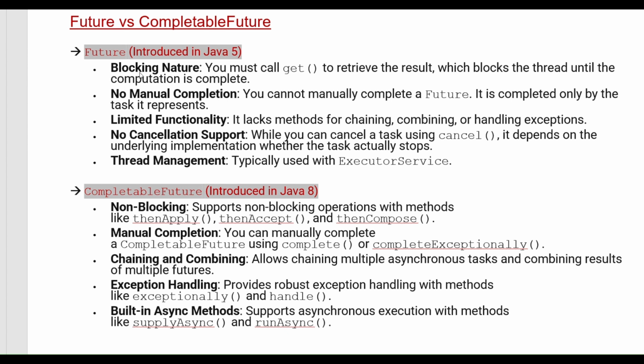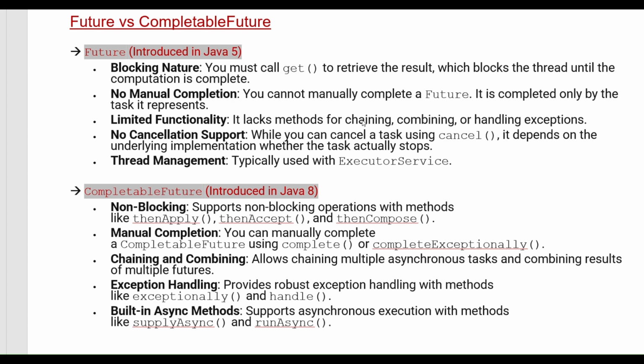First, Future has a blocking nature. We must call the get method to retrieve the result, which blocks the thread until the computation is complete. No manual completion is possible with Future, and it has limited functionality.